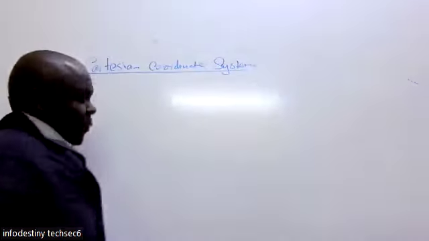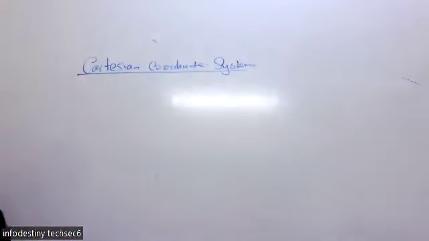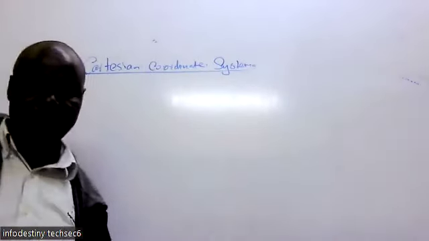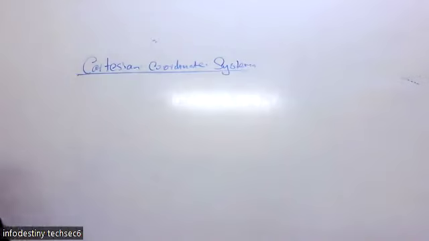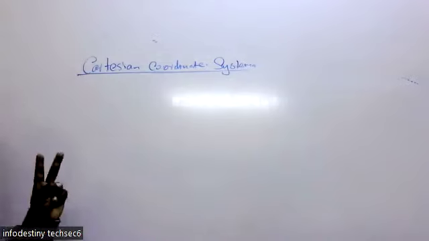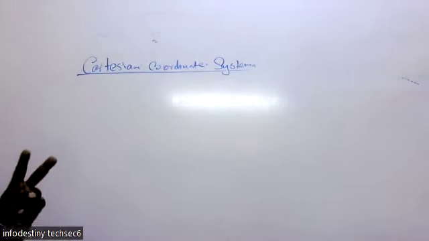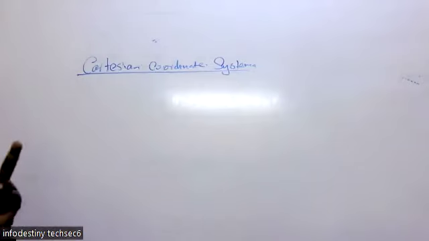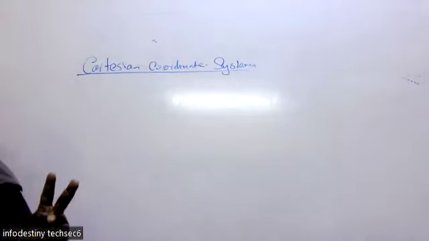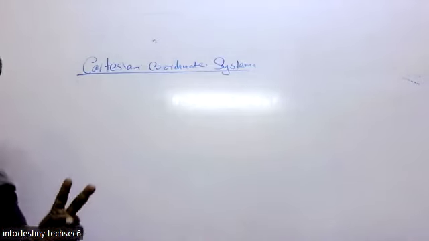Now we are going to look at that. When we talk about a Cartesian coordinate system, this is where we are going to have two lines. The one is going to be vertical and the other one is going to be horizontal. I get the point. That's when you talk about the two lines.